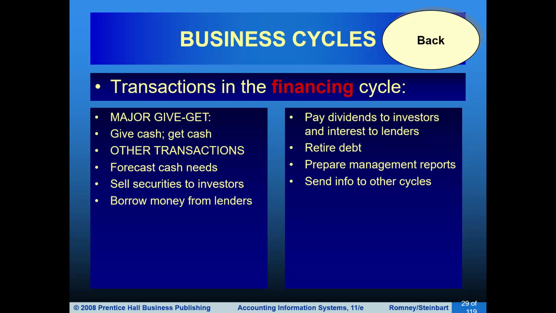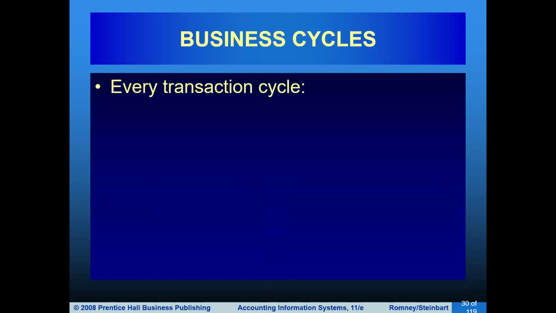Now you can see each cycle has a lot of transactions, and these transactions are similar for that particular cycle. When we go to computerize, or maybe do it manually, we combine the transactions cycle by cycle.